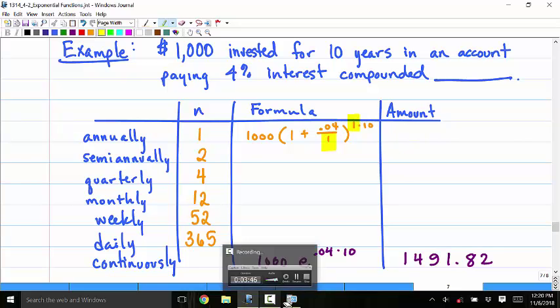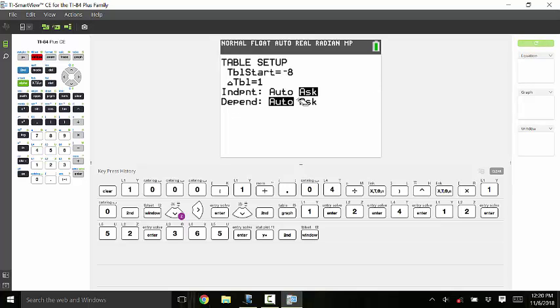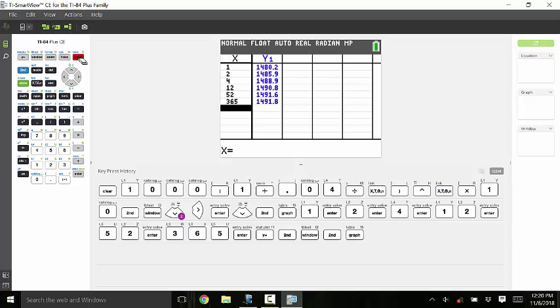So on my calculator, I typed in the equation and put an X on the two places where the number is going to change. Then I went over to my table set and typed in the independent variable X and let it automatically spit out the Y's. I typed in the different X values that spit out the different Y's.